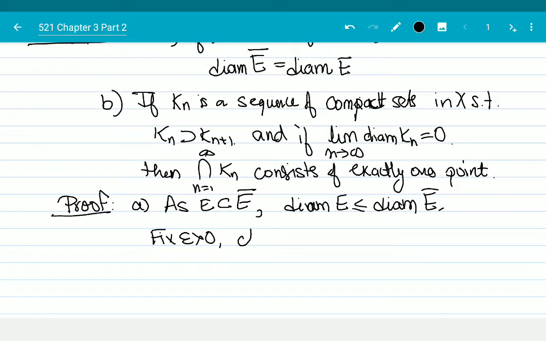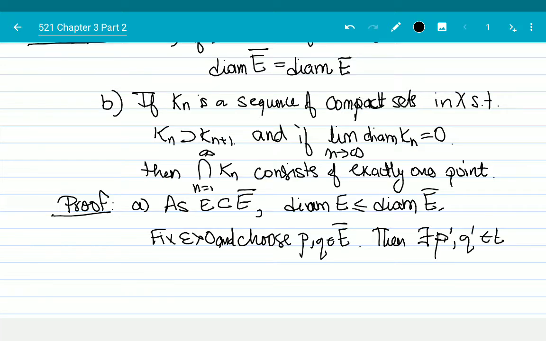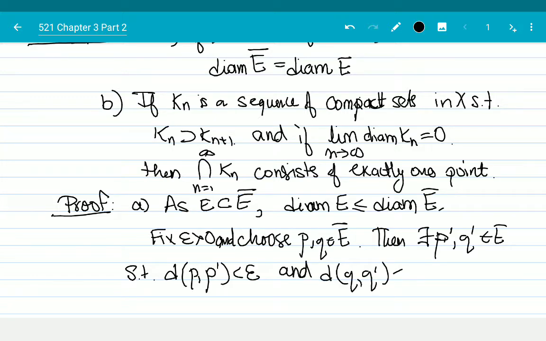Okay? Choose P comma Q belonging to E bar. Then there exist points P prime comma Q prime in E such that the distance of P comma P prime is smaller than epsilon and the distance of Q comma Q prime is smaller than epsilon.